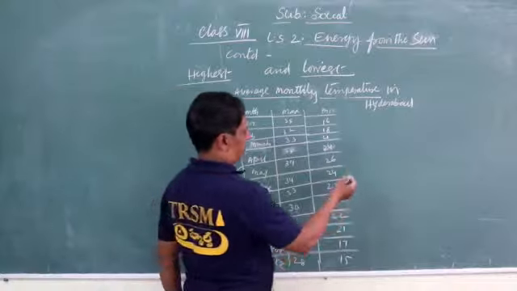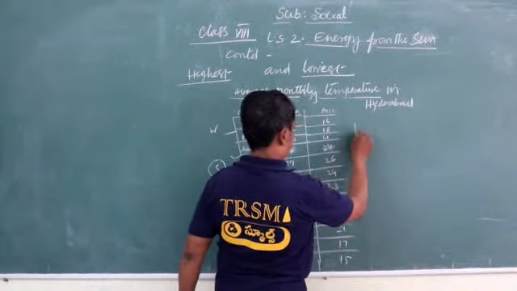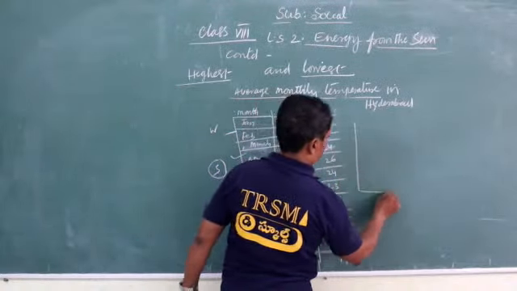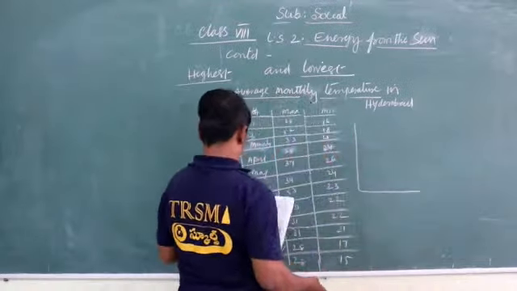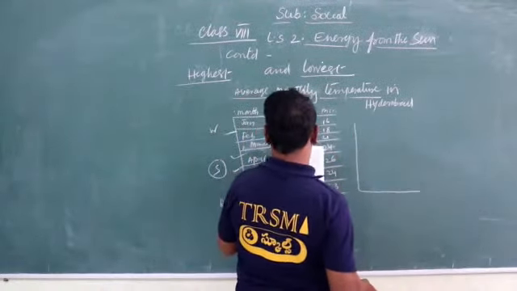A small graph will be drawn here. Simple method. Okay? So what is given here?